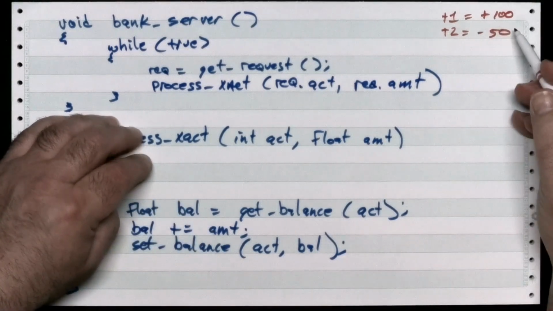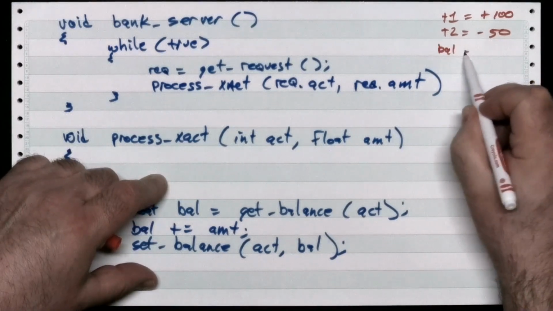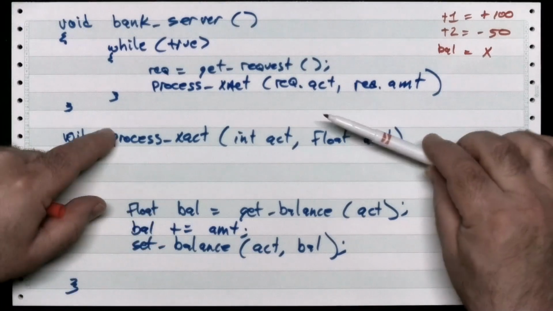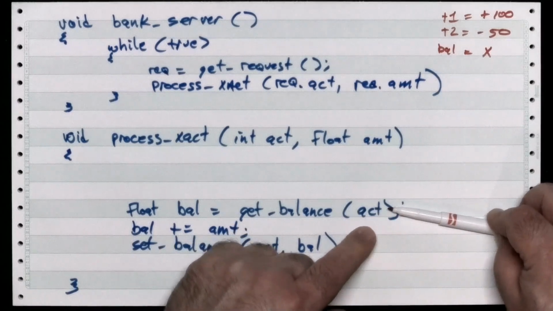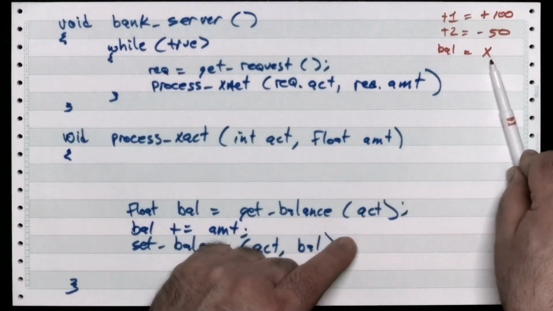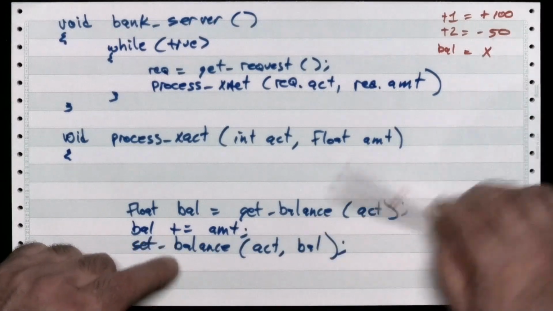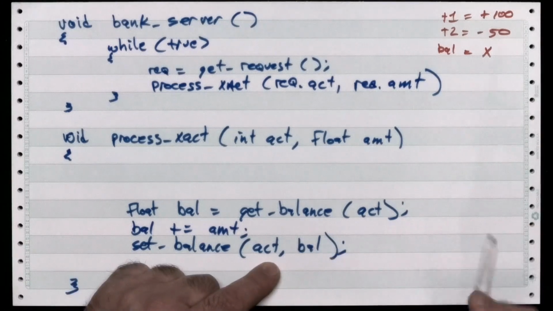Well, if both of these happen at the exact same time and your current balance is, let's just call it X, they both come in here and get the balance at the same time for the same account. Both threads are going to consider the balance to be X. One of them is going to add 100 and store that sum back in there, which would be X plus 100.